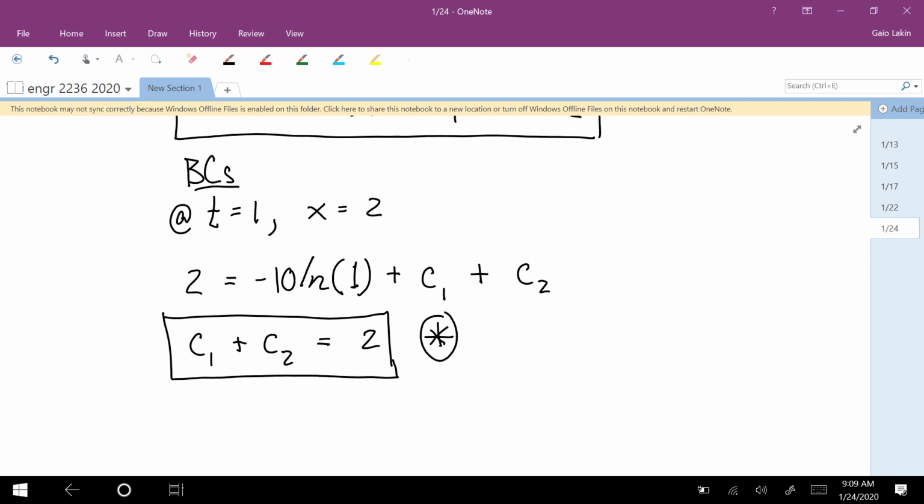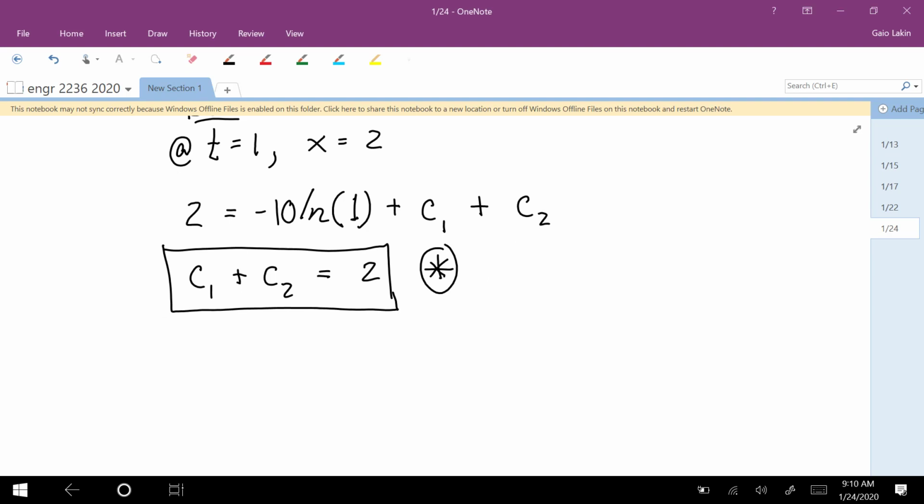So in these cases where both of your boundary conditions are on the dependent variable itself, you don't have any on the derivative, you have to solve it as a system of equations for your constants of integration. Okay, so this is the first of a system of equations. So yeah, the way you're thinking of it is just right. I'm just going to set this aside, solve the other, come up with the other one, and then solve it as a system.